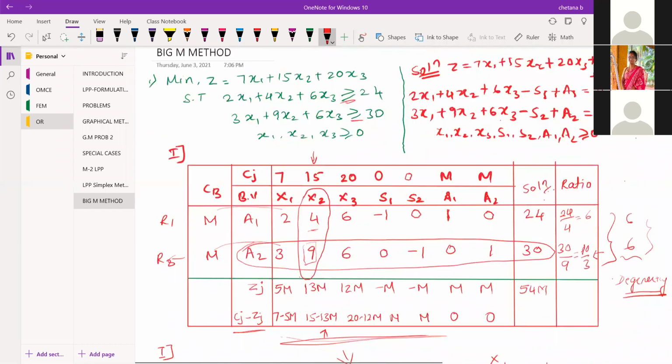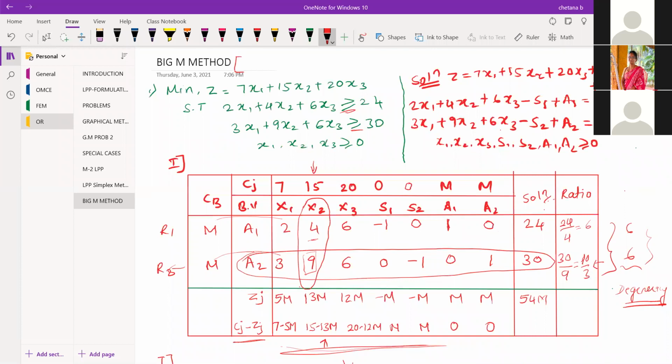Don't panic if the question mentions Charles method instead of big M. Charles is nothing but the big M only, invented by him.